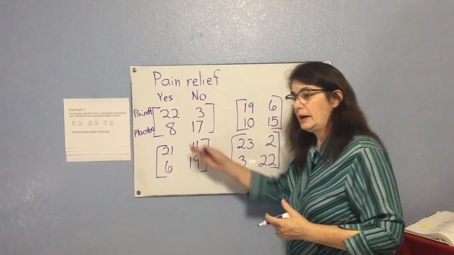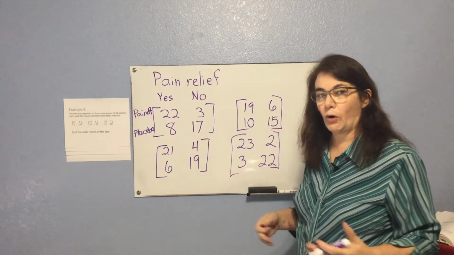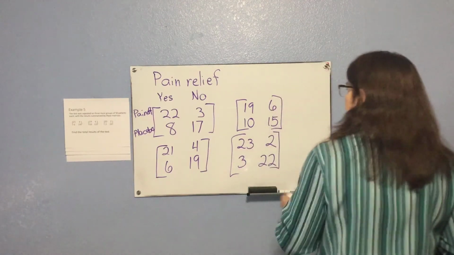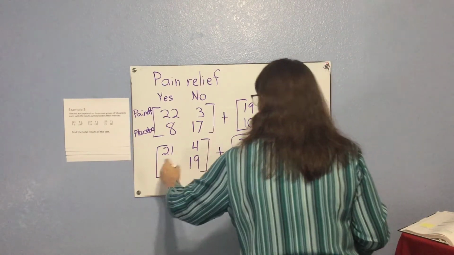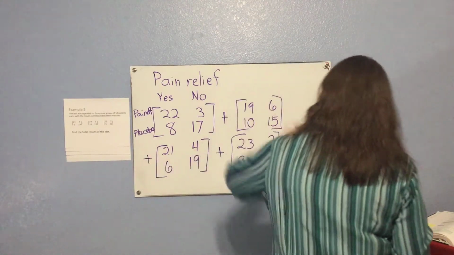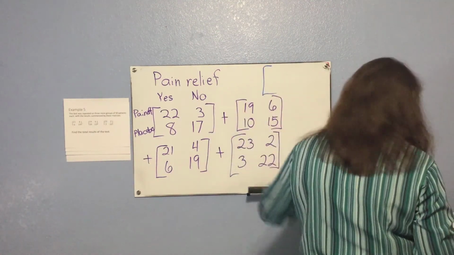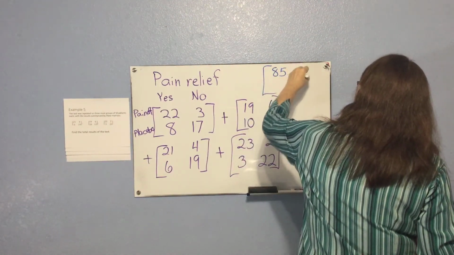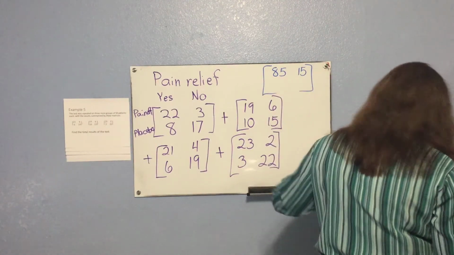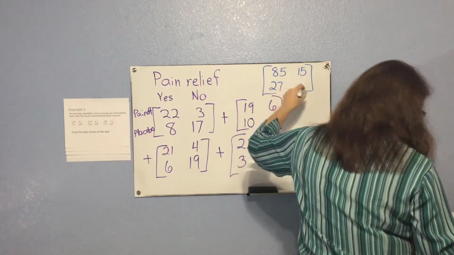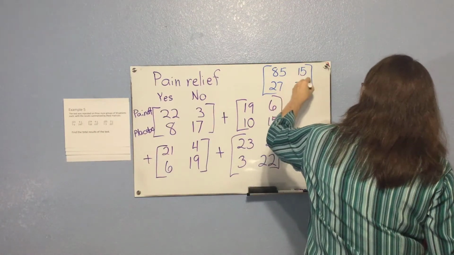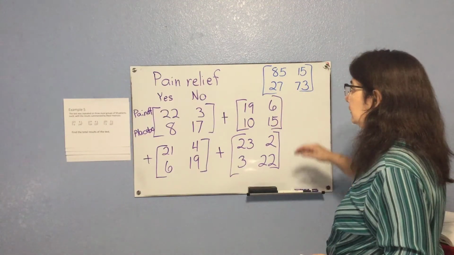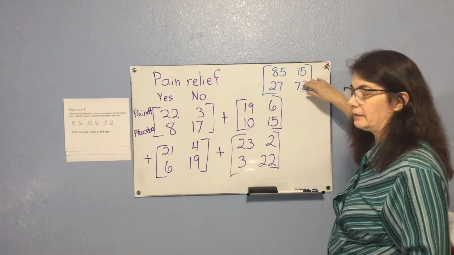And so now I want to combine all of these matrices to find out overall what was the effectiveness of this medication. So I'm going to add these all together, and my result is that for this particular medication, for the people who took it, 85% got relief.